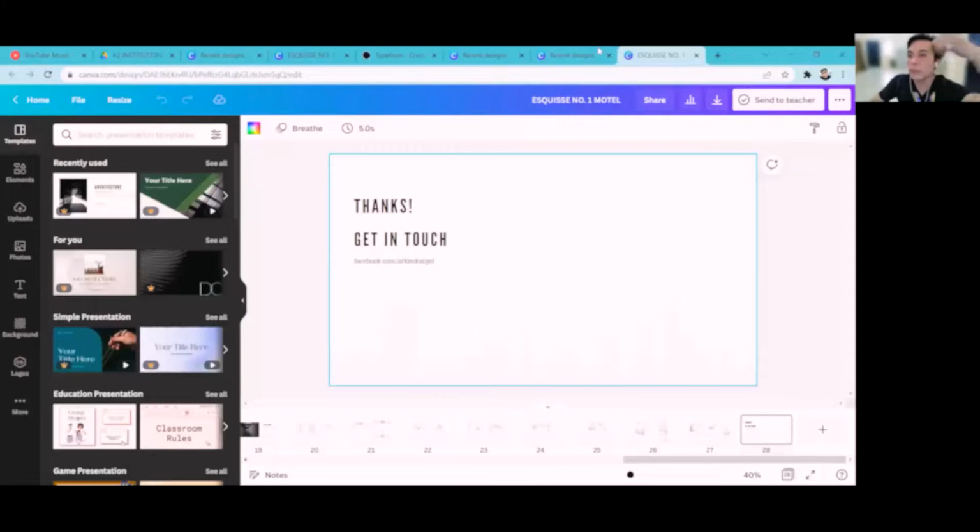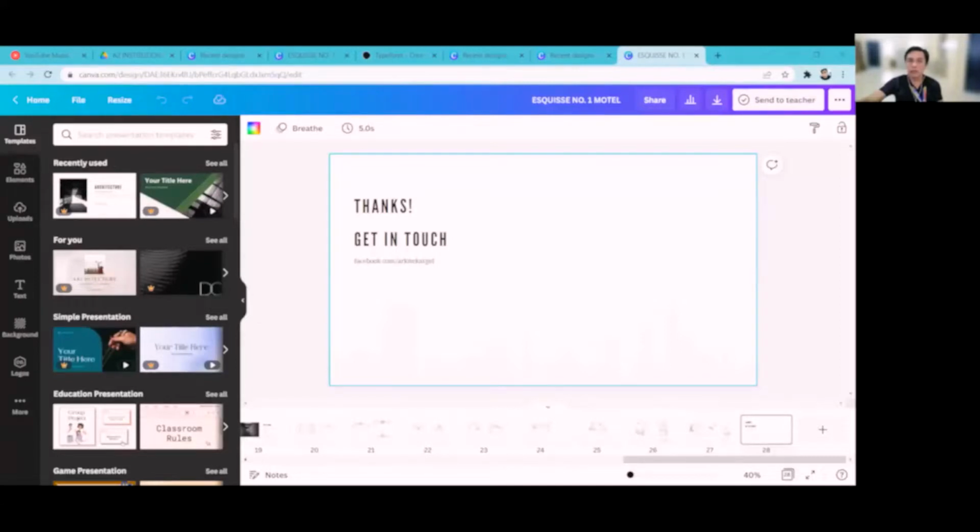So papasadahan pa ba natin yung, sige, pasadahan pa natin yung ating design problem. Again, okay. I-present na din natin to or siguro i-send ko na lang.